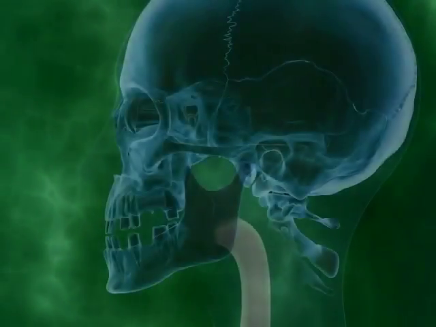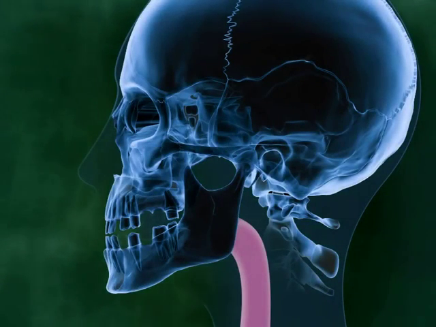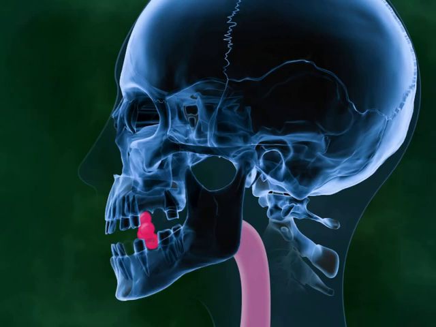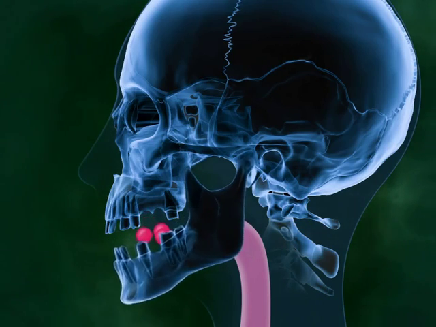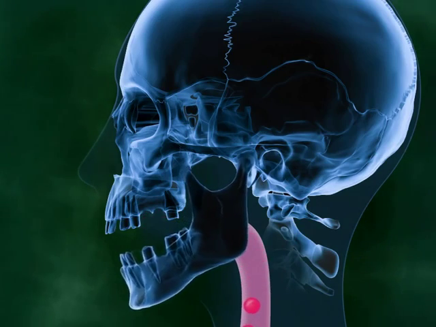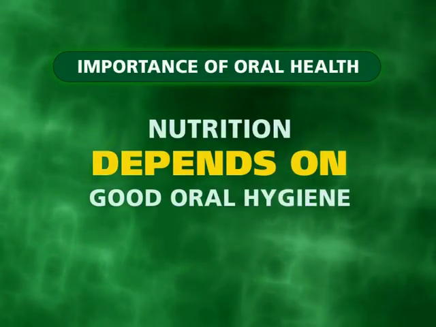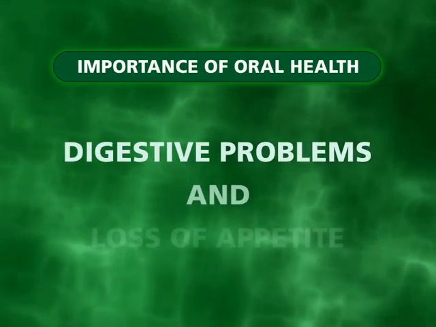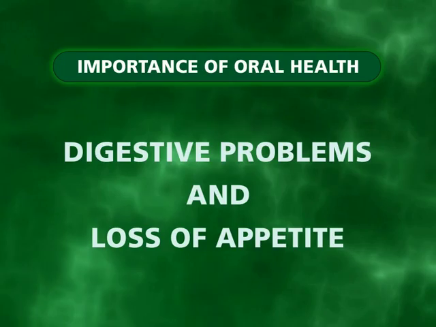The fewer teeth the residents have, the less chewing they can do. The food is not ground up enough into small particles, and the digestive system has to work harder and may not digest all the particles. This creates poor nutrition. The residents may have digestive problems and loss of appetite, which will reduce their overall health.